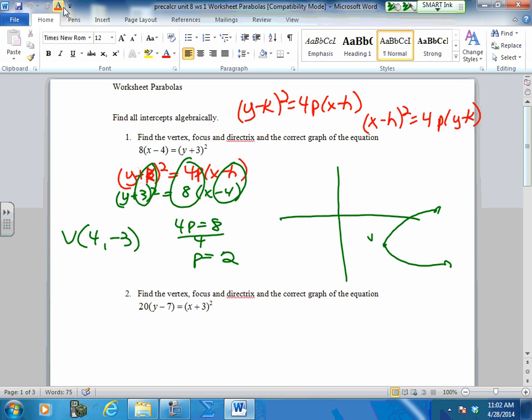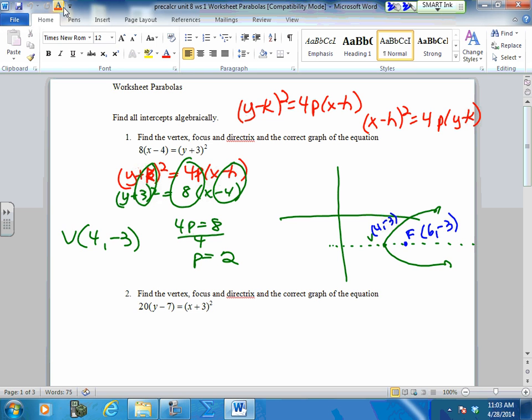Okay. Here's my axis of symmetry. If this helps, put your axis of symmetry in here. You're going to go p units to the right of that, p units to the left of that. So p we found out was 2. So if this point, and if it helps you, put it here. Your x is changing. If you move 2 units over, what is this focus point?